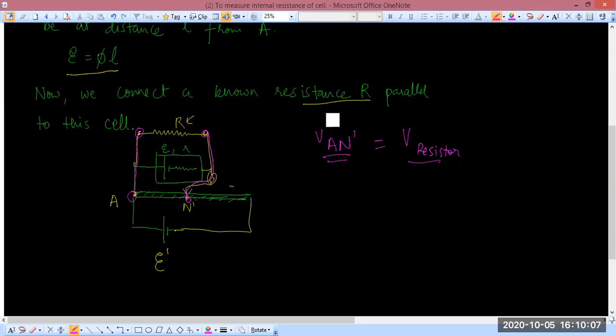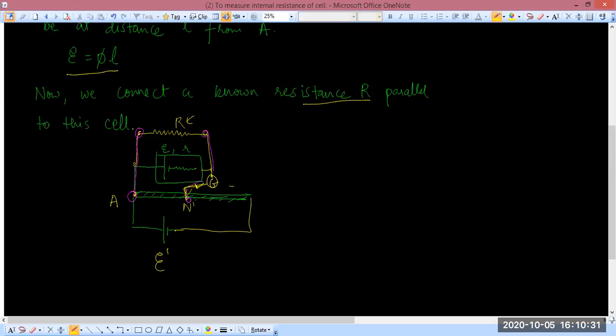You can also understand it like this. All right, have a look. Because there is no current in the galvanometer, there is no current here, right? No current here.